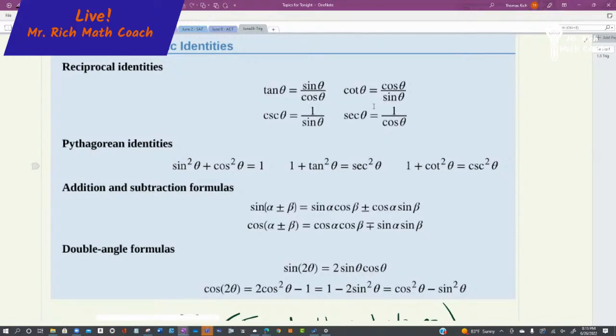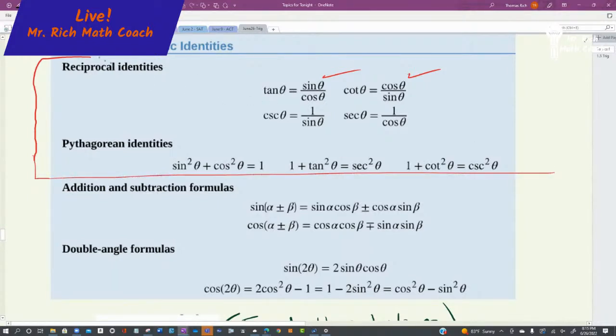I'm just going to be honest with you that you can get by in most cases with just knowing your reciprocal identities and your tangent and cotangent identities, those two right there, as well as the Pythagorean identities. That's going to be 90% of what you need when you're dealing with trig functions in AP Calc.